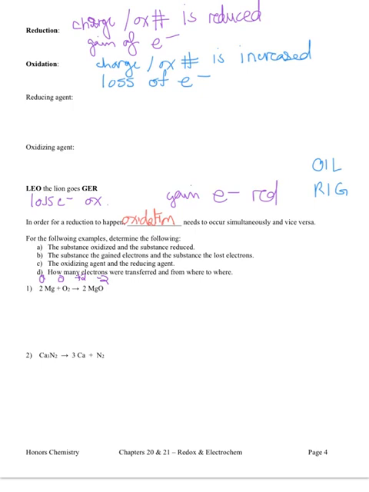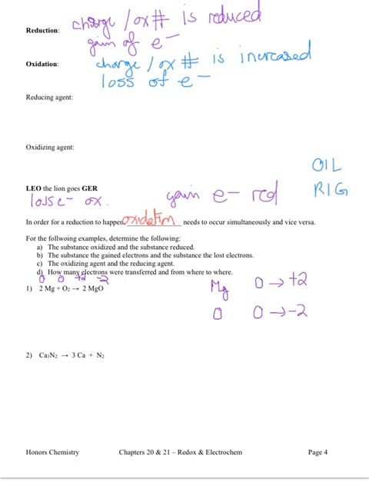So let's look at our substances. We have magnesium and we have oxygen. So magnesium went from 0 in the reactants to +2 in the products. Oxygen went from 0 in the reactants to -2 in the products.